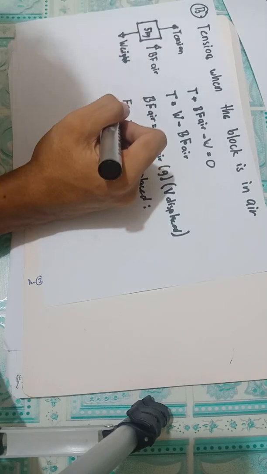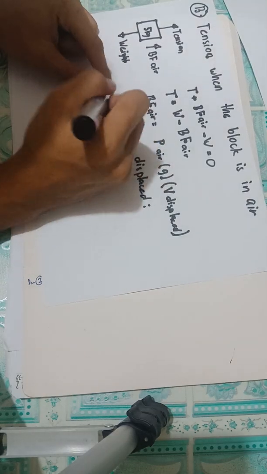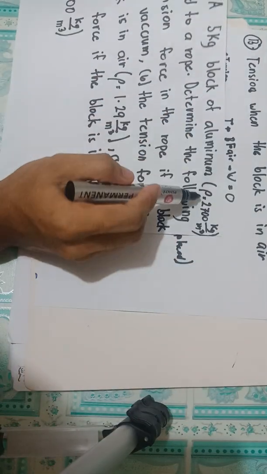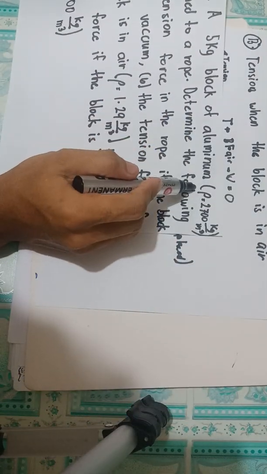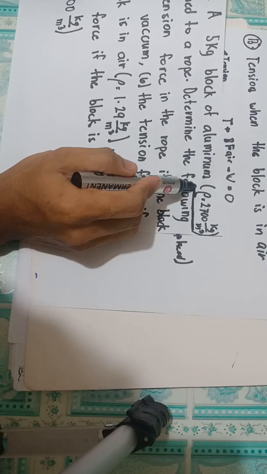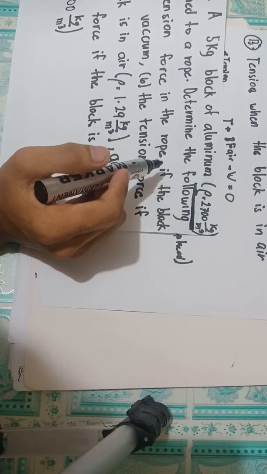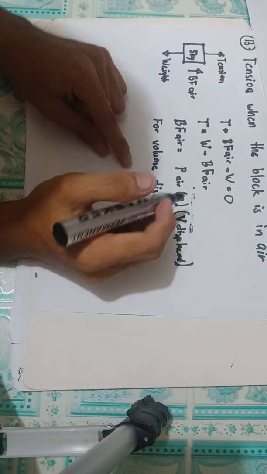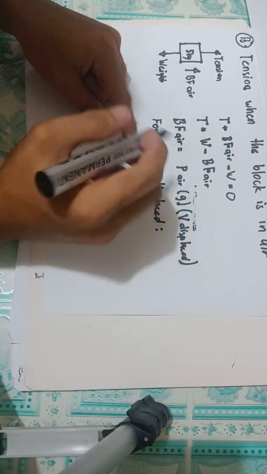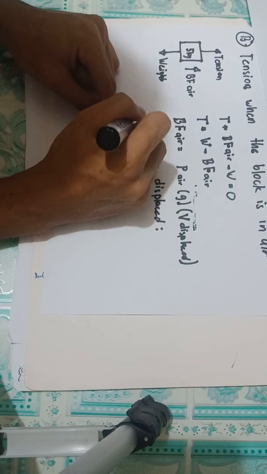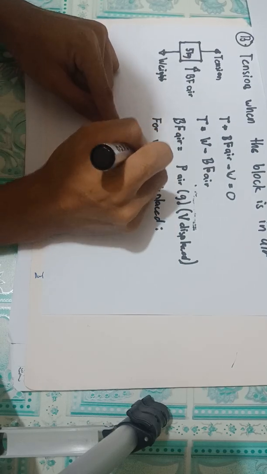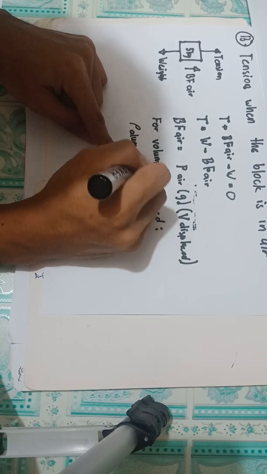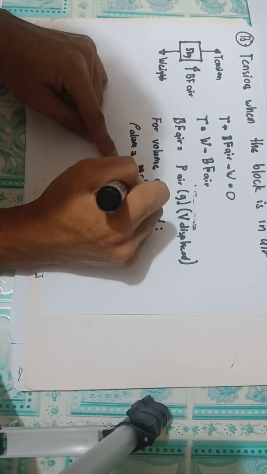So for volume displaced, we already have our given in the problem. This is the density of the aluminum. So by that given, density of aluminum is equal to mass of the aluminum over volume of the aluminum.